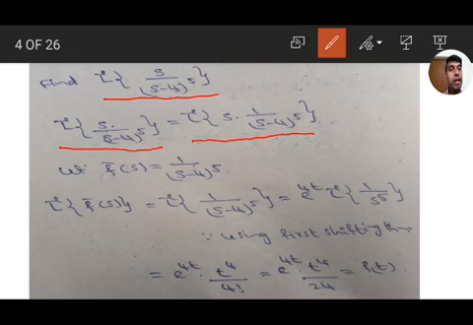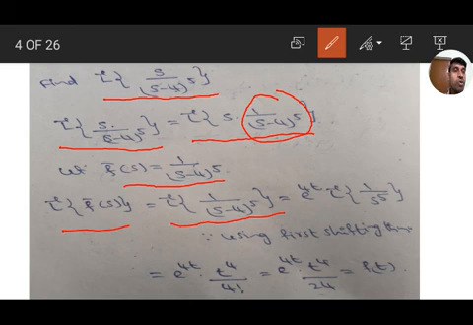So let f bar s equal 1 by (s minus 4) all to the power of 5, and find its inverse Laplace transform. L inverse of f bar s equals L inverse of 1 by (s minus 4)^5. By using the first shifting theorem, this is e to the power of 4t into L inverse of 1 by s to the power of 5.